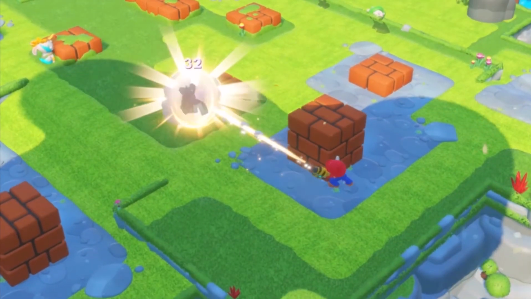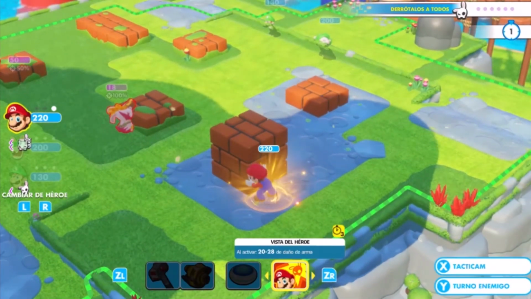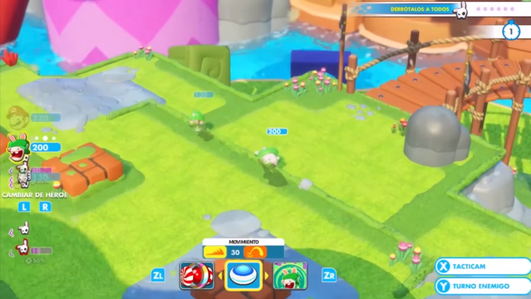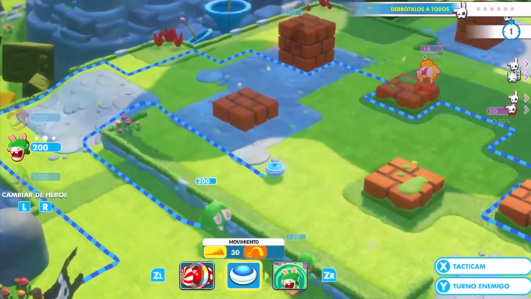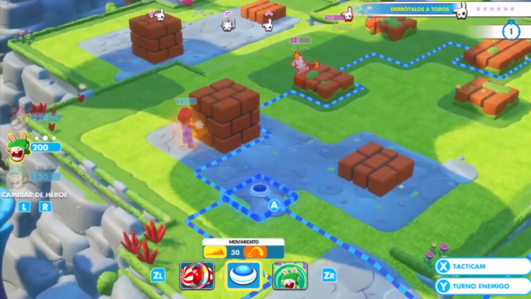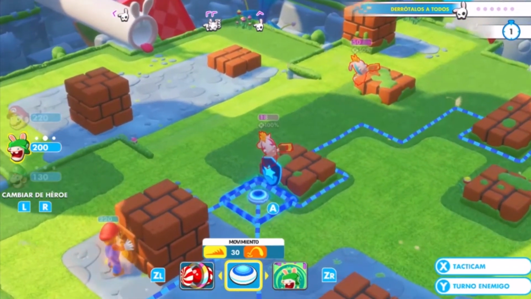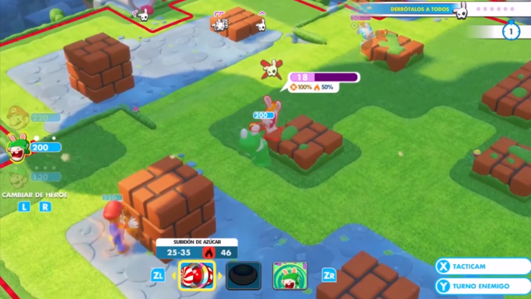How many times does Mario shoot his enemies? Mario shoots only once.